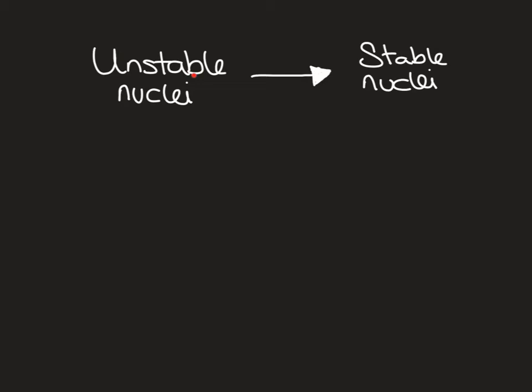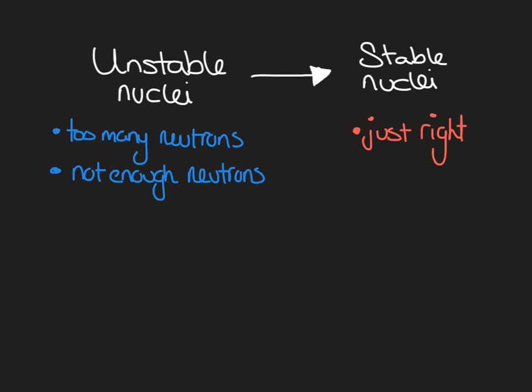So in an unstable nucleus, there's not enough strong nuclear force to balance out the positively repelling protons. And in a stable nucleus, all the forces are happily balanced and the nucleus is really stable. And it's really important to remember that all unstable nuclei want to become stable nuclei. That's what everything is trying to get to.